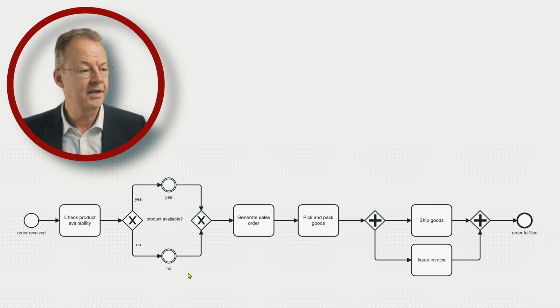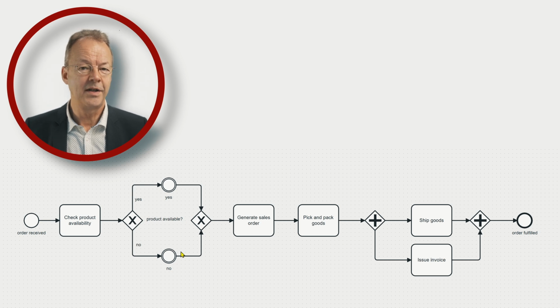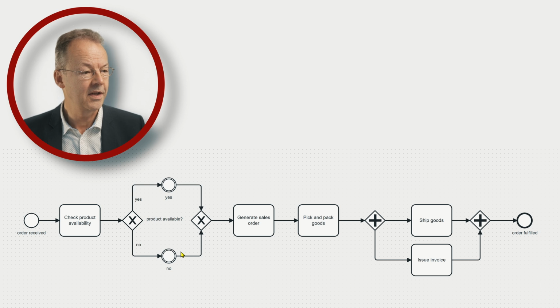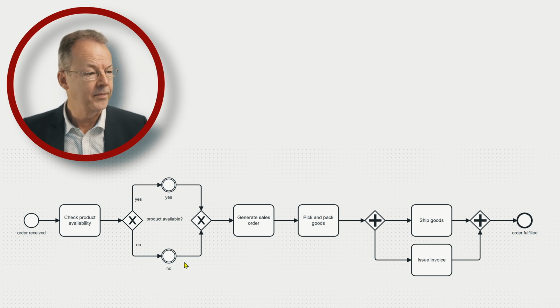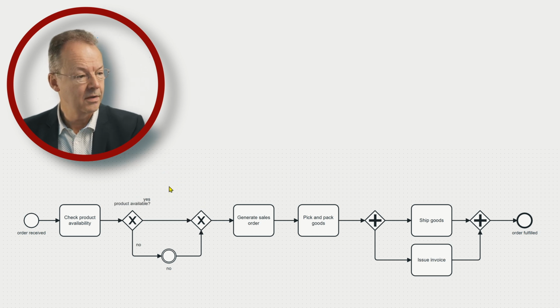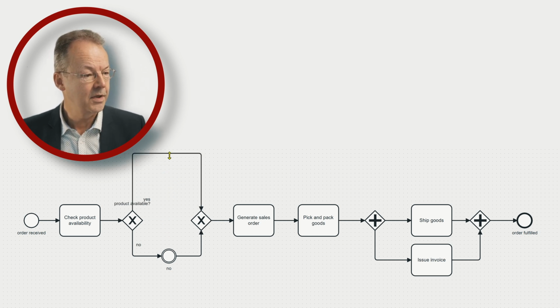The other thing is that this whole branching doesn't make any sense because there aren't any different tasks in these branches, and therefore what we could do is, for example, to repair this, we can just delete this one here. And so if product is available, for example, we do nothing.